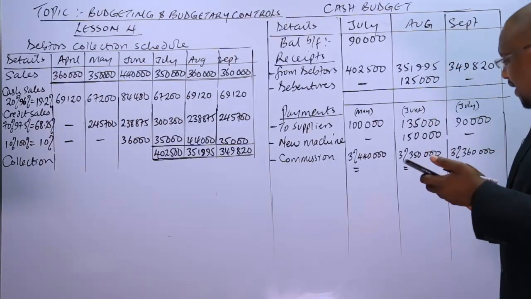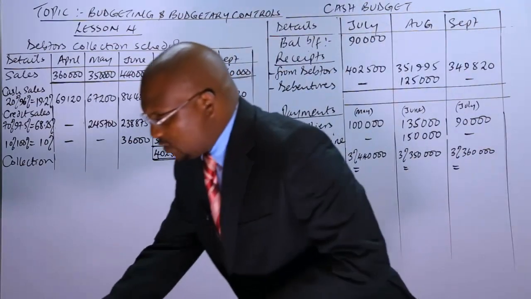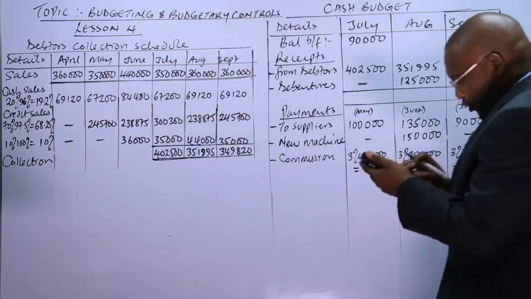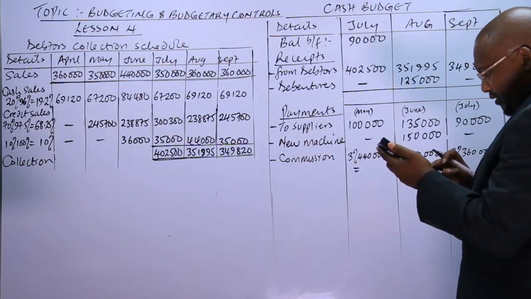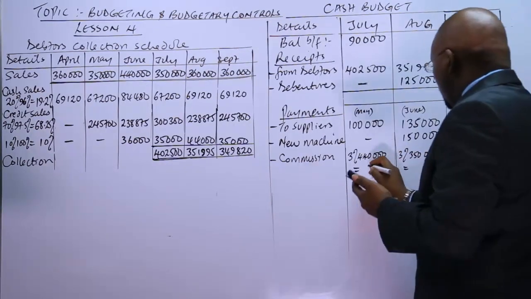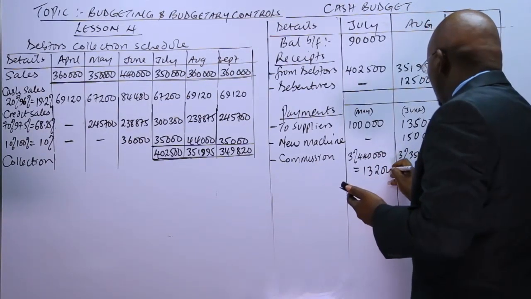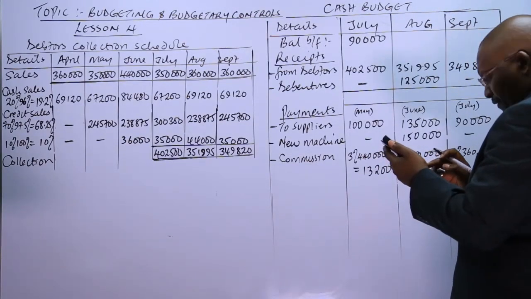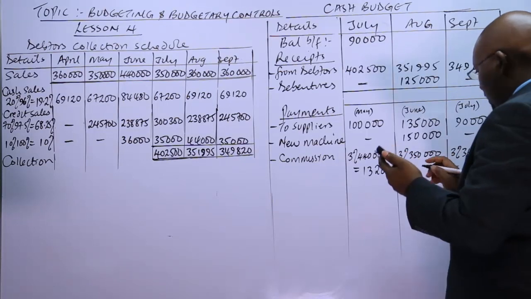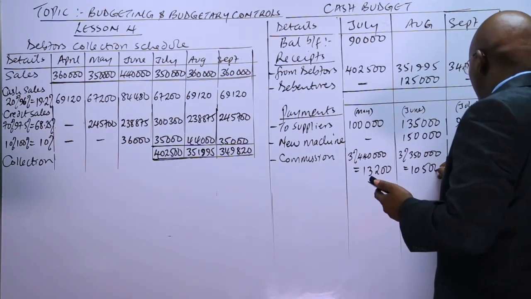So let's see, 3% of this will give us what? So 0.03 times 440,000. This is actually 13,200. So 0.03 times 350. This is 10,500.